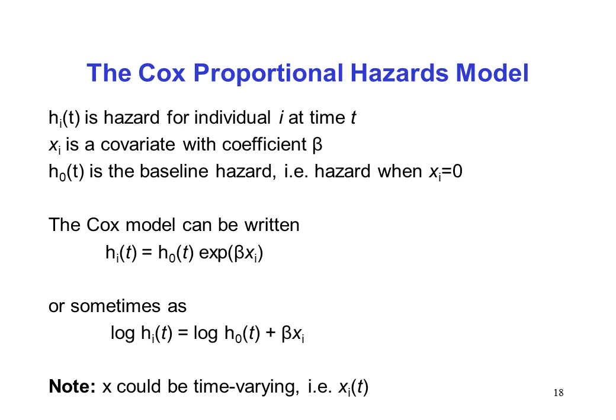This is what the model looks like. What we're modelling is the hazard function, so that appears on the left-hand side of the regression equation that we're going to be fitting, which is down here. Then you've got a covariate, x, and at the moment I'm assuming that that is fixed across time for a given individual, so I only have an i subscript on it, and that has a coefficient beta that we're going to estimate.